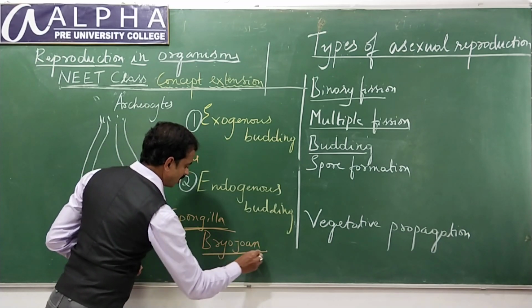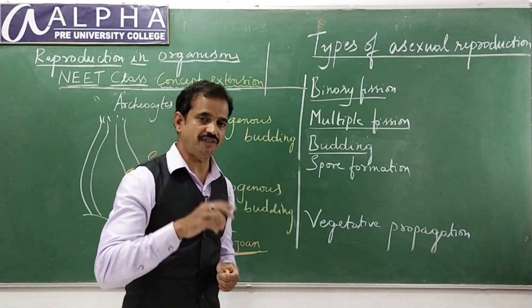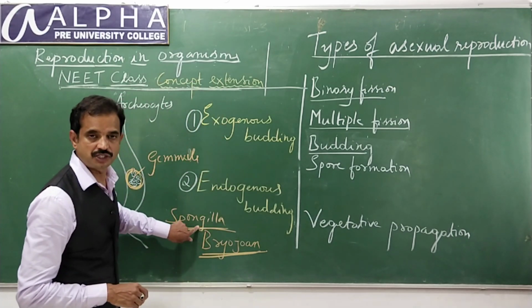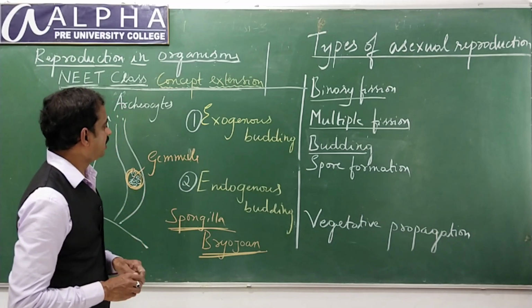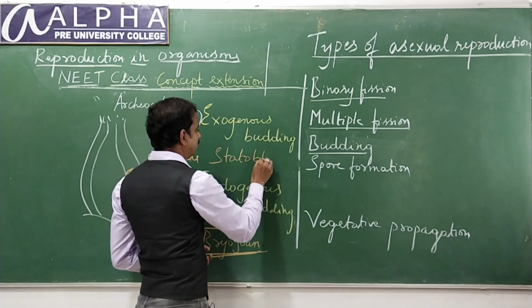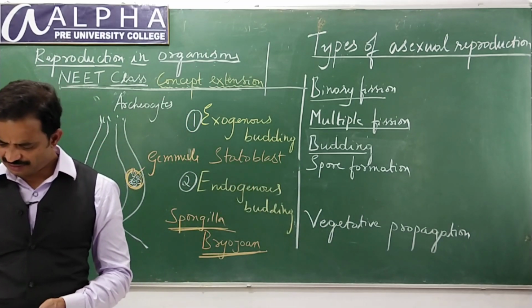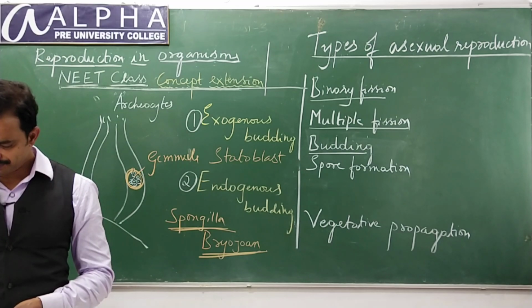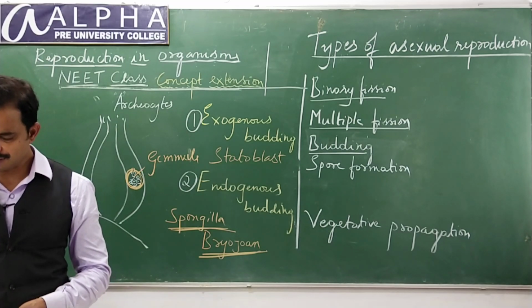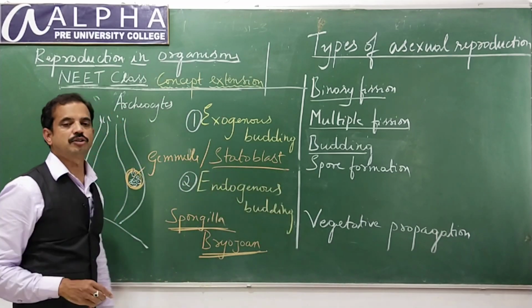Bryozoan. What is the meaning of the bryozoan? Bryozoans are the freshwater sponges. The example for freshwater sponge is a Spongilla. And this gemule, it is also called a statoblast. Statoblast. Right? So let me confirm that. Okay, gemule, it is also called a statoblast. Yes, I am correct. Gemule or statoblast.